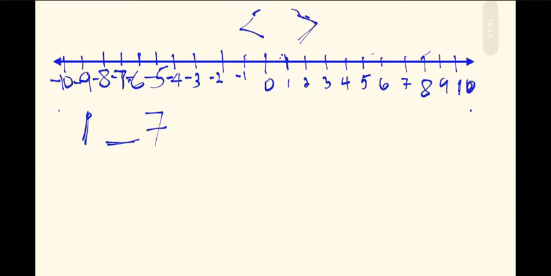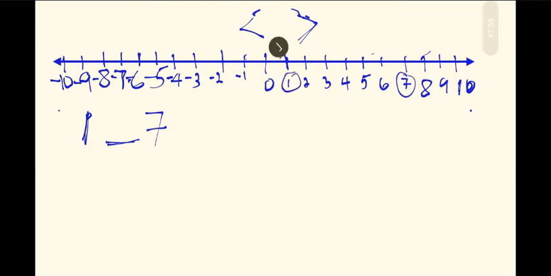So these are our signs we are going to use: the less than sign and the greater than sign. So 1 and 7, which sign would you use to compare the 1 and 7?